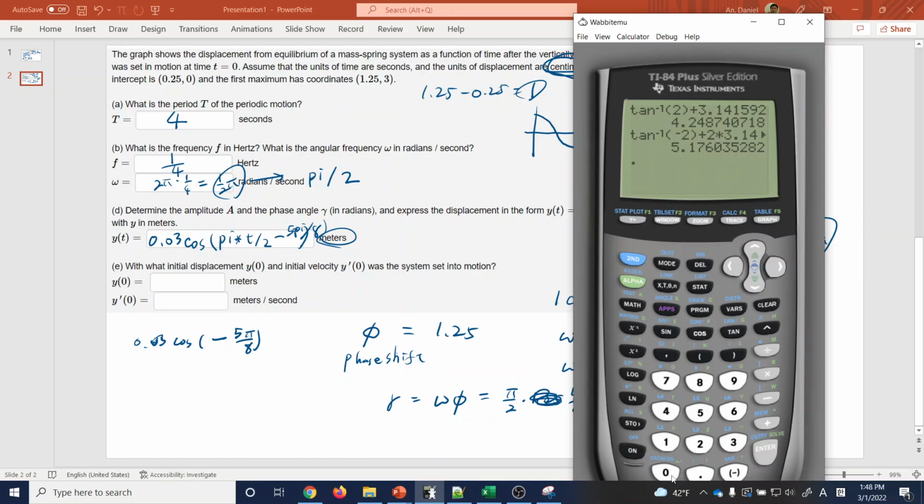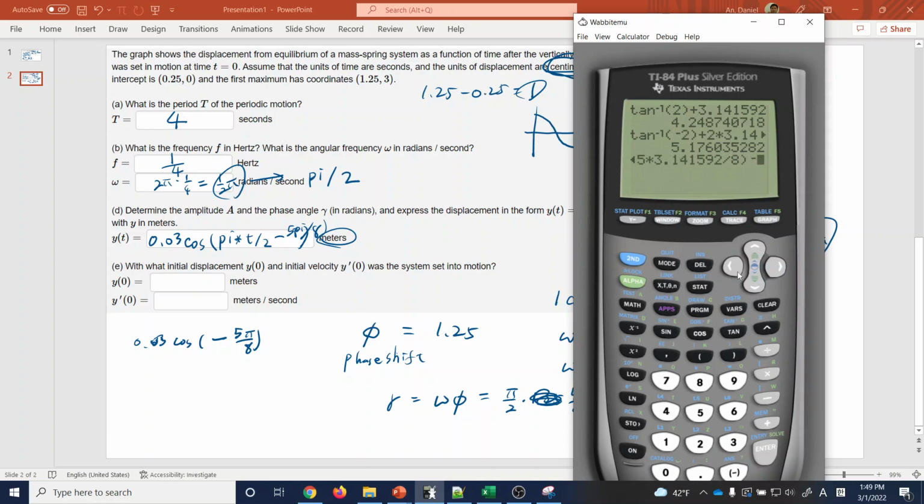So 0.03 times cosine of negative 5 times pi, which is 3.141592, and then you divide it by 8, and then you enter.